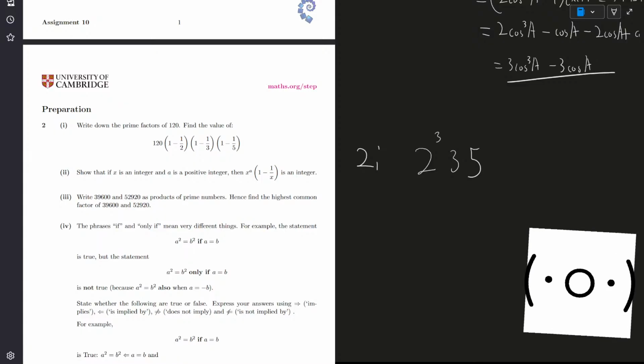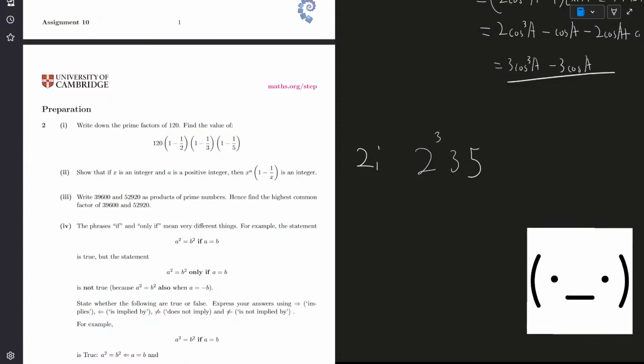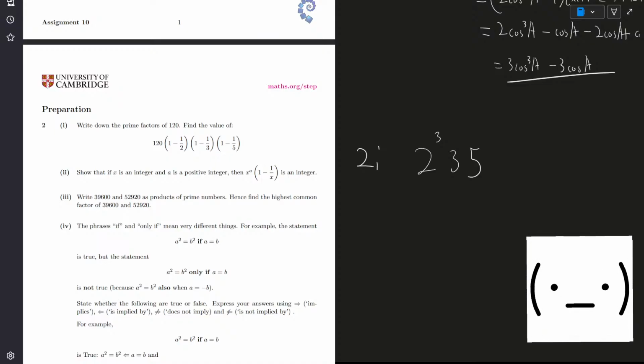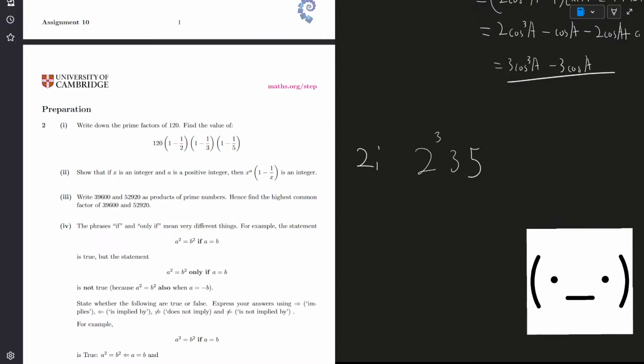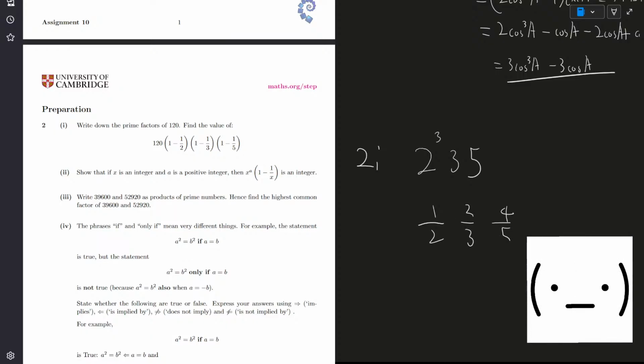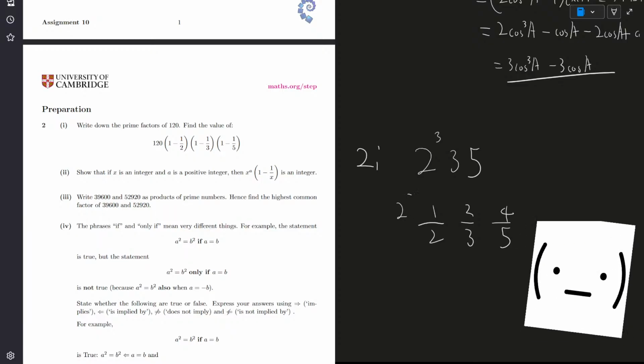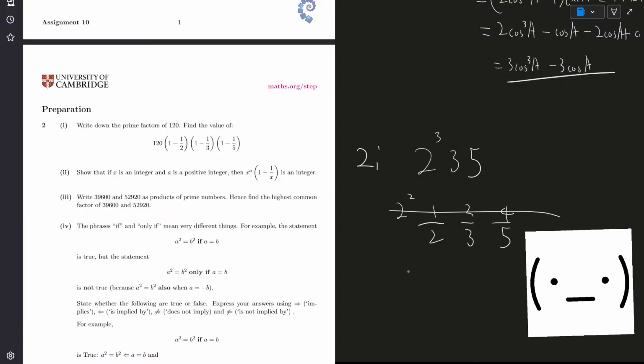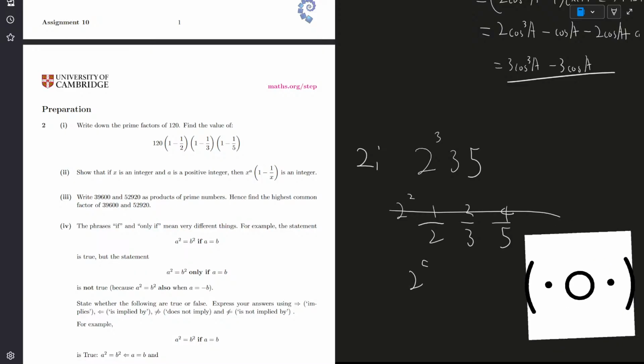Now we've got to find values. That renders this into 2 times this, which is 2 to the power 5.